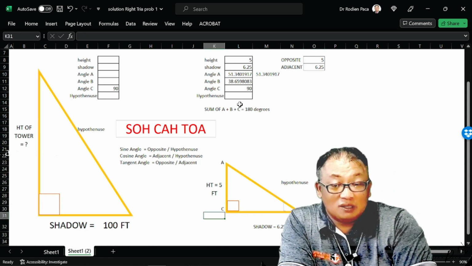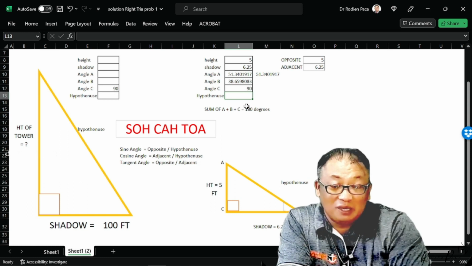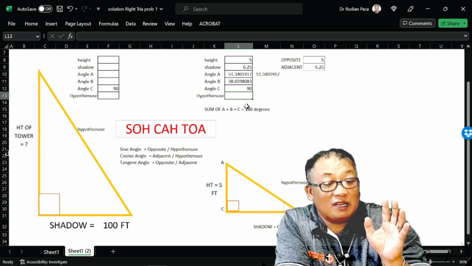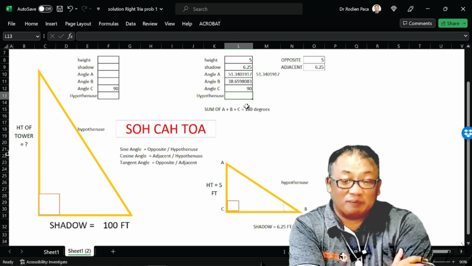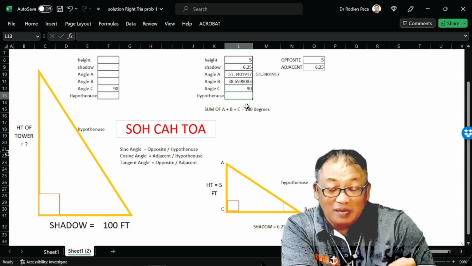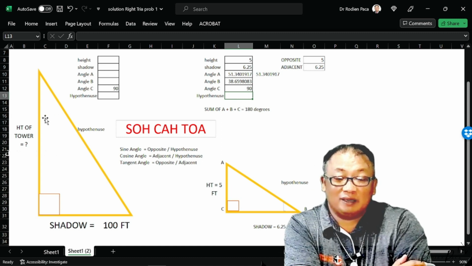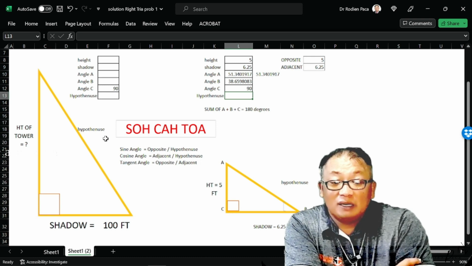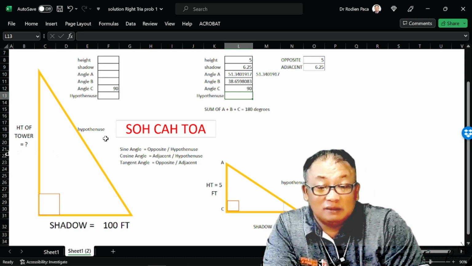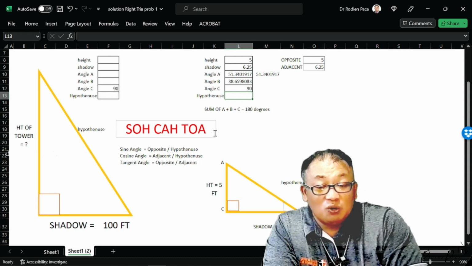So what's the hypotenuse then? Okay, the hypotenuse, there are different solutions on how to solve it, but it is not being asked by the question. The one being asked by the question is the height of the tower. Remember that angle A is also the angle being used on this one.